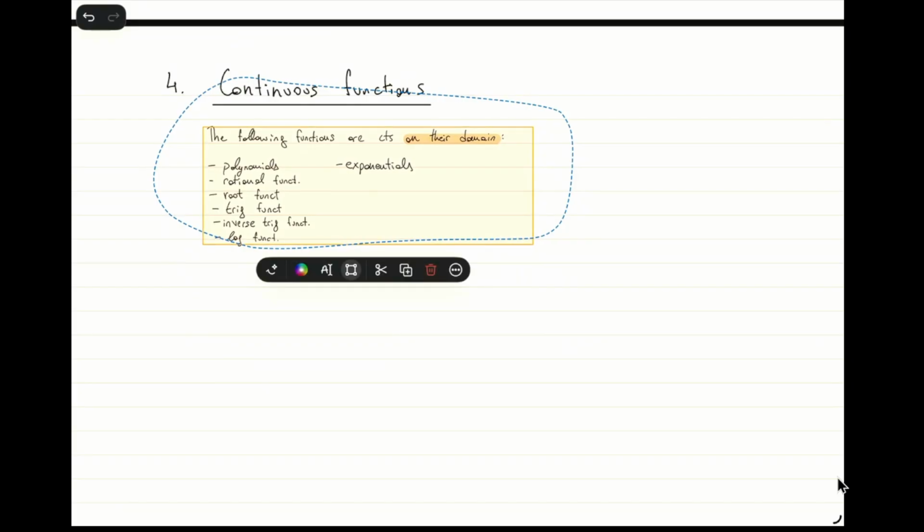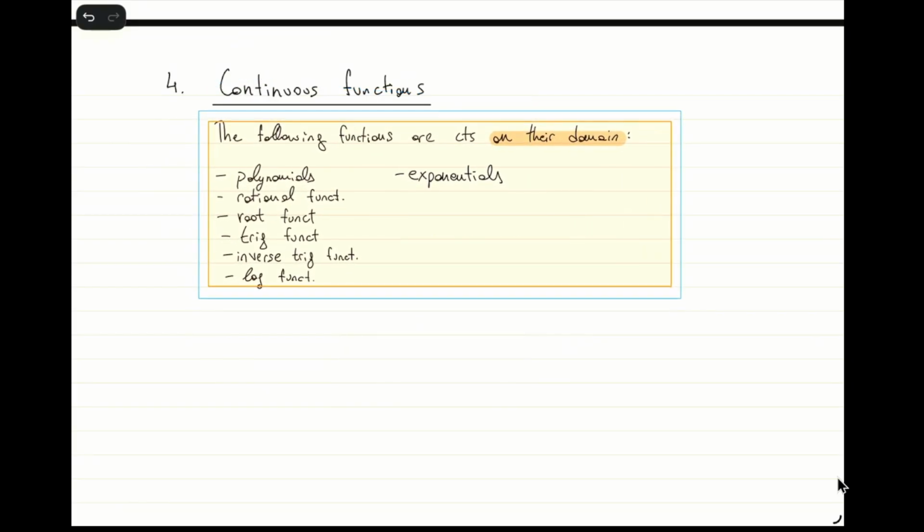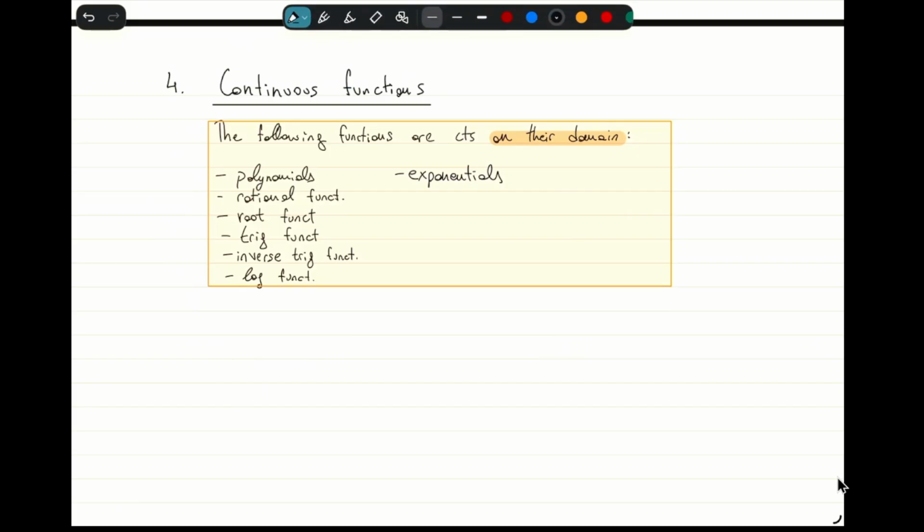Let me make this a little bigger. Okay, so what is continuous on their domain? So again, on their domain, why? Because if we take the square root, for example, okay, very bad graph, but it's just a sketch to make you understand. This will be f of x equals square root of x.